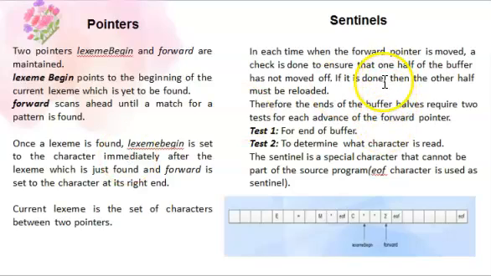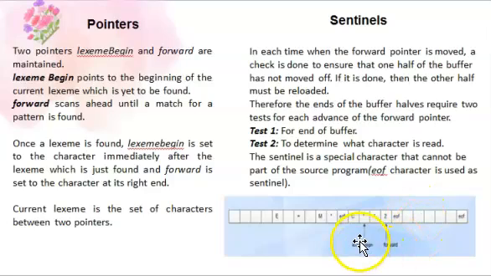Sentinels: when the forward pointer is moved, a check is done to ensure one half of the buffer has not moved off. If it has, then the other half must be reloaded, which requires two tests. One is to check for the end of the buffer, and the other is to determine which character is read.